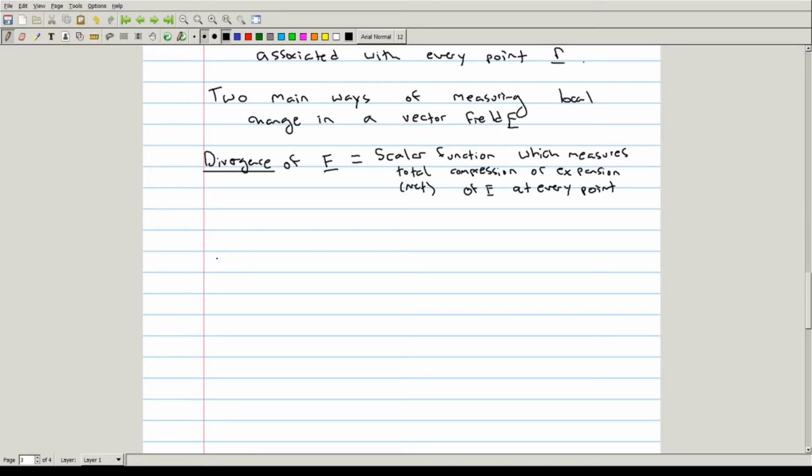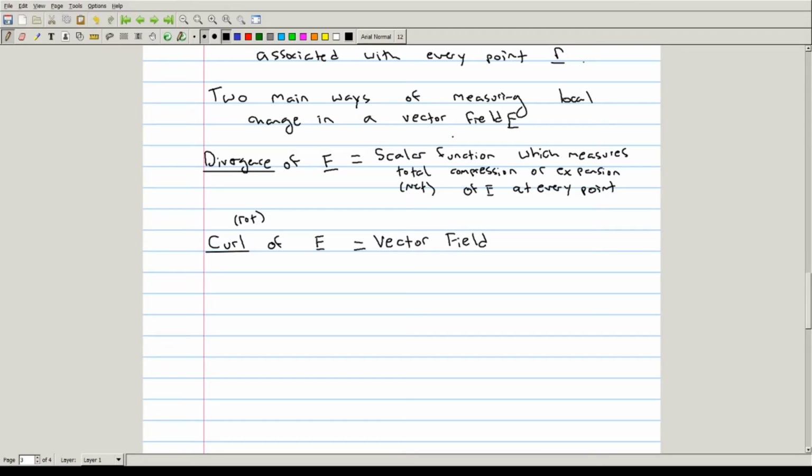And the curl of a vector field F, also sometimes called the rot of the vector field F, to denote rotation, is a vector field. So it's a new vector field.